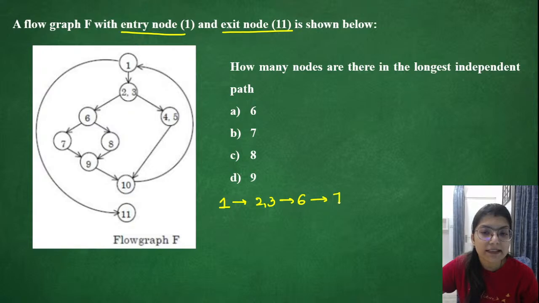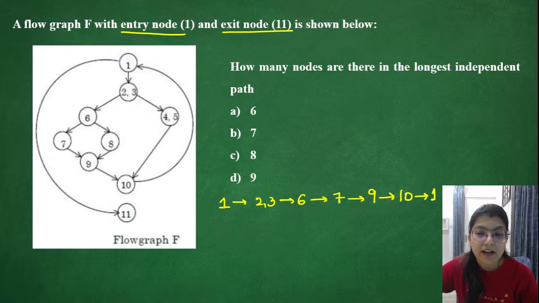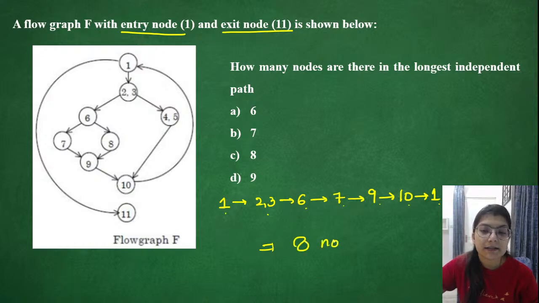Then we'll go to either 7 or 8. Let's say we are going to 7. Then we will go to 9. Then from 9 we'll go to 10. Now from 10 we have to go to 1 again. And then from 1 we will go directly to 11. So this is the longest independent path. So how many nodes? 1, 2, 3, 4, 5, 6, 7, 8. So we have 8 nodes in this.